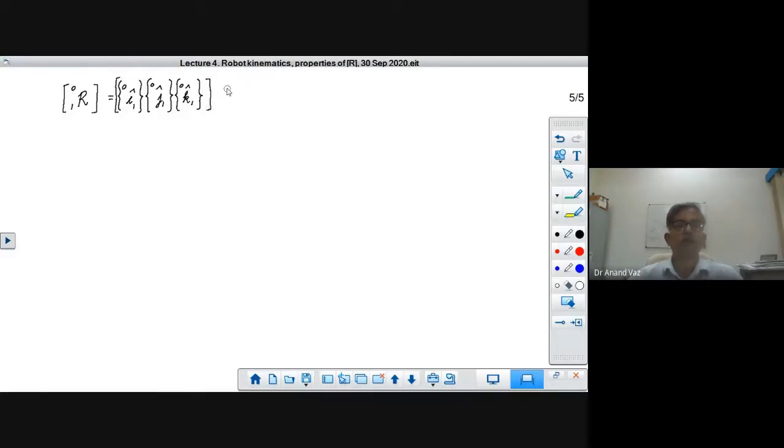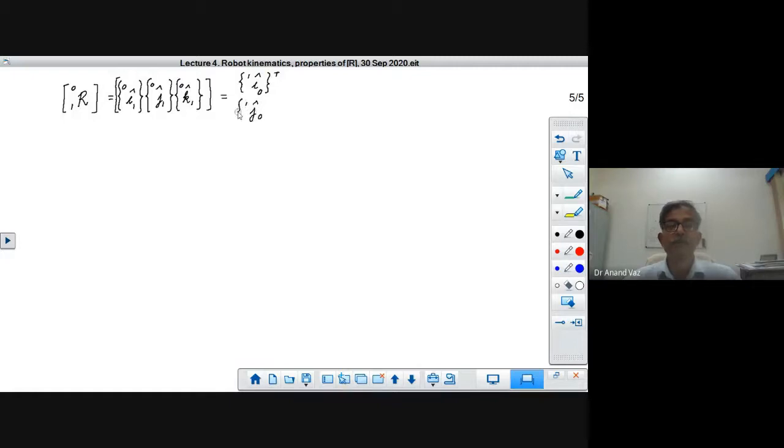We could also write this matrix as follows. The first row of this matrix is I of 0 expressed in 1, transpose of that. Unit vector I of the frame 0 expressed in terms of frame 1. This is J of the frame 0 expressed in terms of 1.